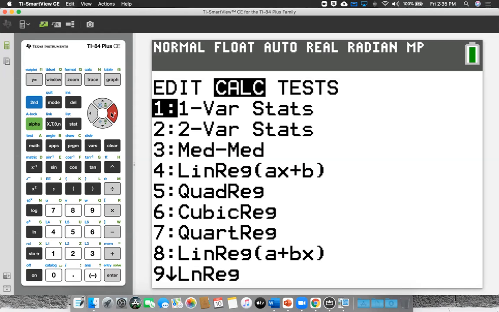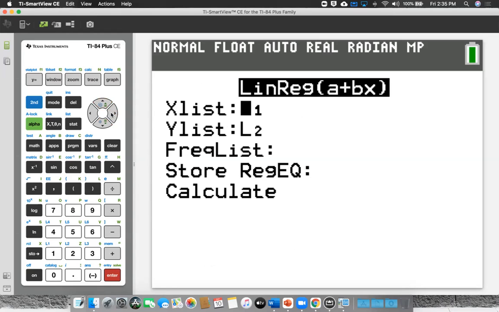Pass that one to the second LinReg, the one that says a plus bx. It's number 8 on mine. Might be number 8 on yours, might be something different. Where's your X list, L1? That's my explanatory. My response is here. Calculate. Scroll down to calculate.